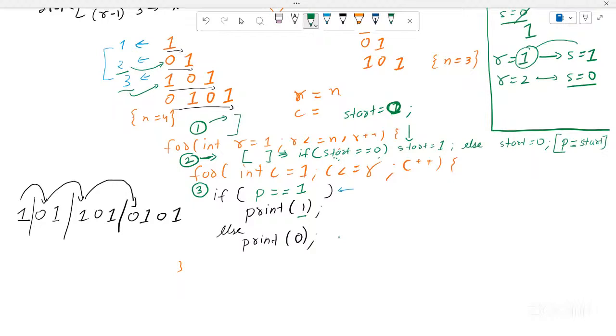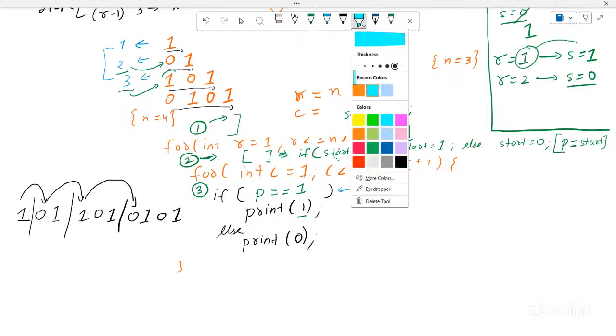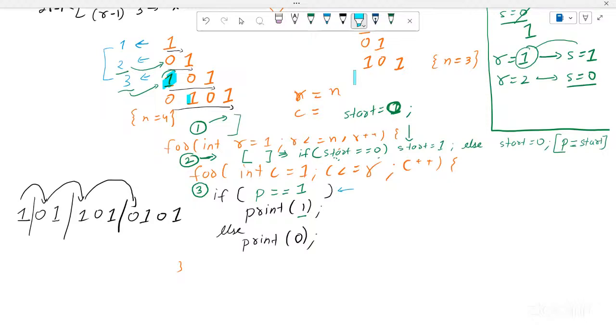In any scenario, if you print 1, the next value you should print in the same row is 0. In order to print 0, it should go to the else block. Do you agree? And in order to go to the else block, what should be the value of p? Not equal to 1. Agreed? So let's make the p value equal to 0 inside this if block.